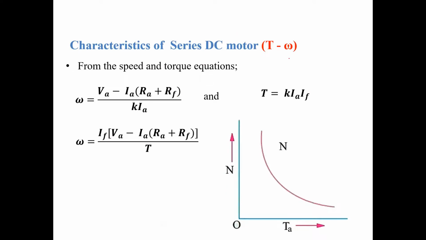Thirdly, let us see the torque versus speed. Again, from the speed equation, speed equals VA minus IA times RA plus RF, divided by K times IA.